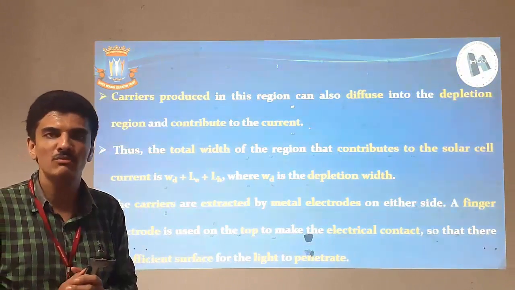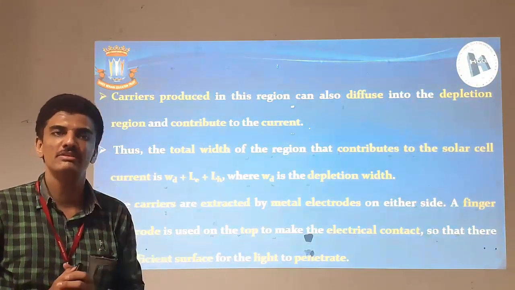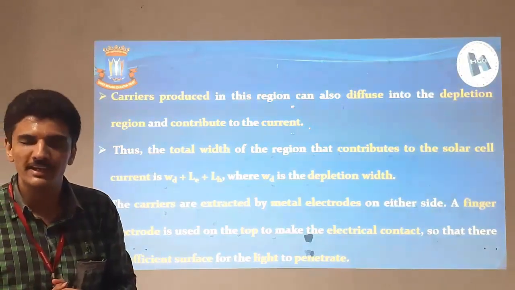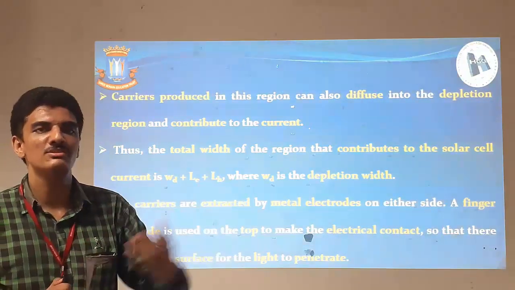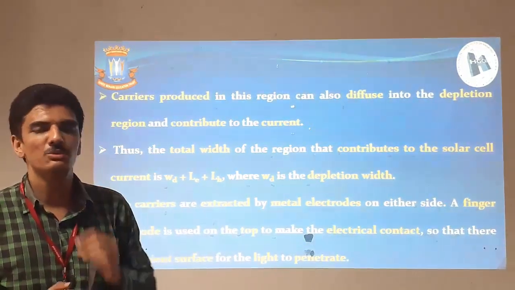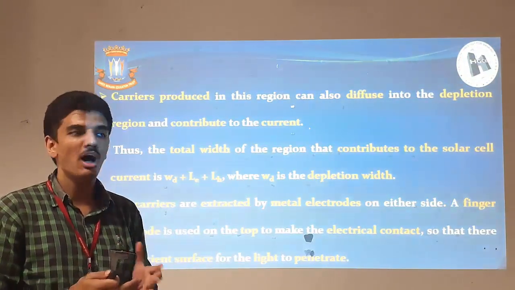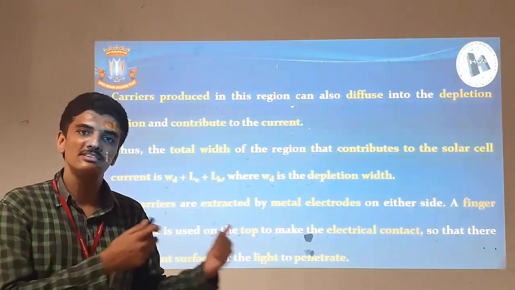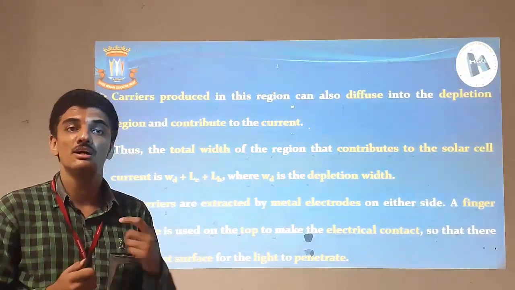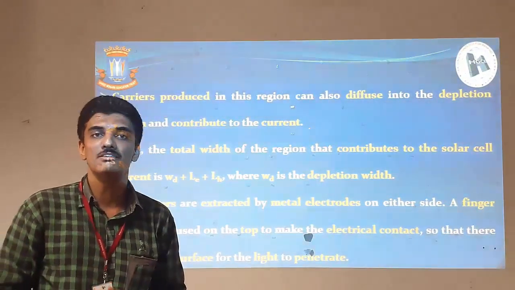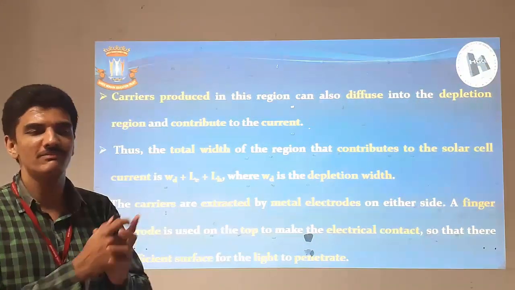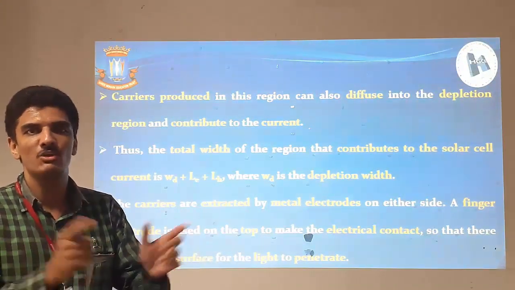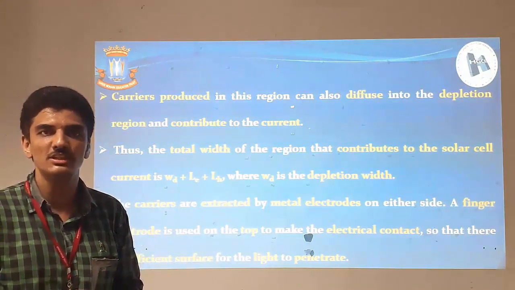Recalling what we have done till now: number one, we studied the photovoltaic effect, the principle on which solar cells work. Number two, we saw the construction, how the solar cell can be fabricated, which was a very simple silicon PN junction diode. After that, we saw the working of the solar cell, which is nothing but electron and hole pair recombination.